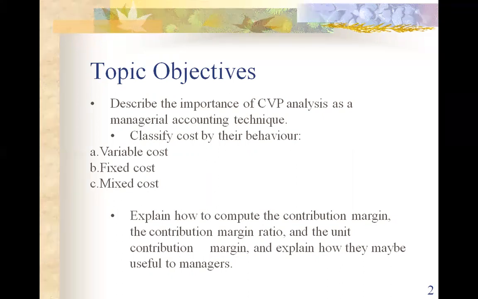If we produce 5,000 units and the total fixed cost is 50,000, per unit cost will be 100 taka. But in the same factory, if you produce 10,000 units, then the price per unit will be 50 taka. So we can say that fixed cost in total is fixed, but per unit basis it changes with the level of production.